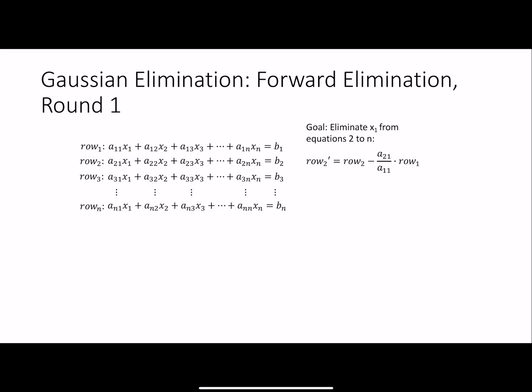If you perform this operation, this element in the new version of the equation will become 0. Of course, you do the same for row 3, row 4, and so on. So you keep the same division point A11, and you divide A31 by that number. But otherwise, all that's changing is that row 2 becomes row 3 or equation 3.